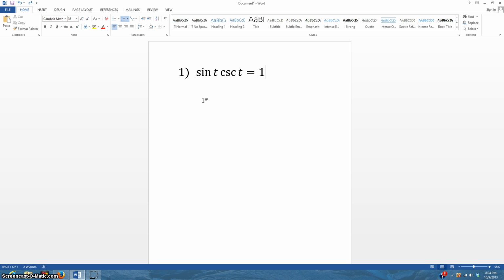First question that you usually ask yourself is, what side do I start with? And yesterday I told you, most likely, majority of the time, you will pick the side that looks the most complicated. And in this case, what is the side that looks the most complicated to you? Right, it's the left-hand side, which is sine of t, cosecant of t.